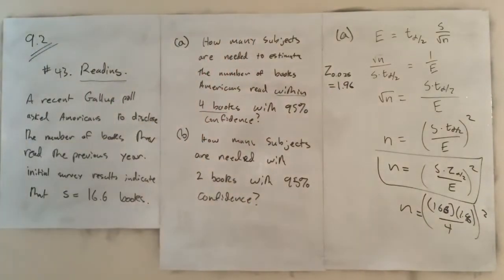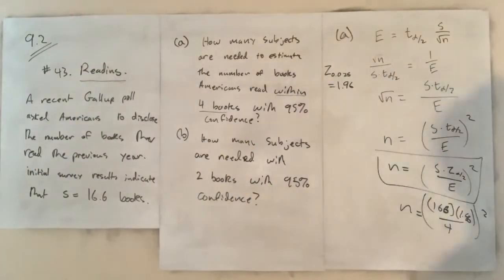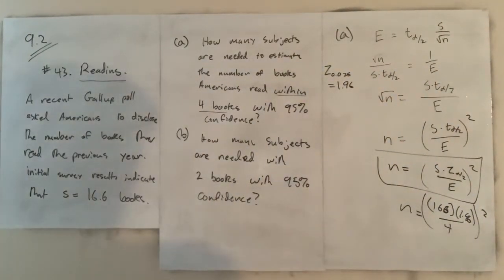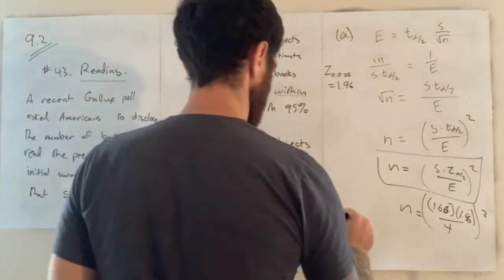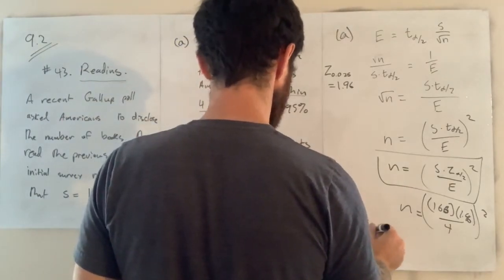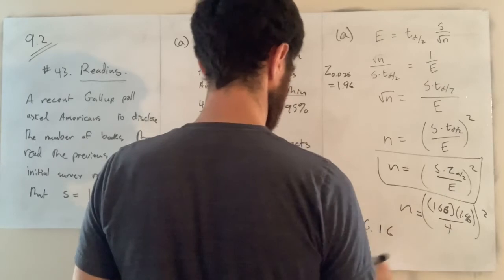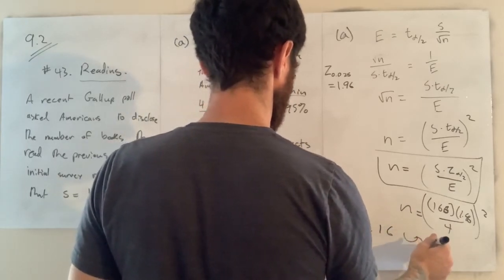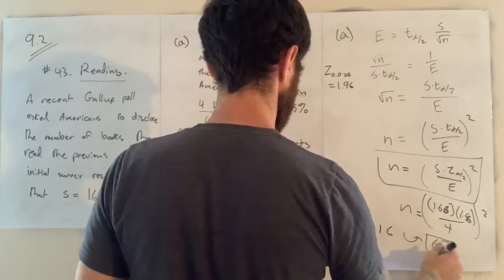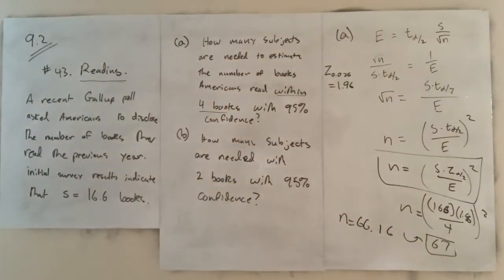Let me grab the calculator. You'll get 16.6 times 1.96 divided by 4. And if we square that, you'll get that n is equal to 66.16. And again, you round up, and so we're going to get 67. That's the sample size we should use.